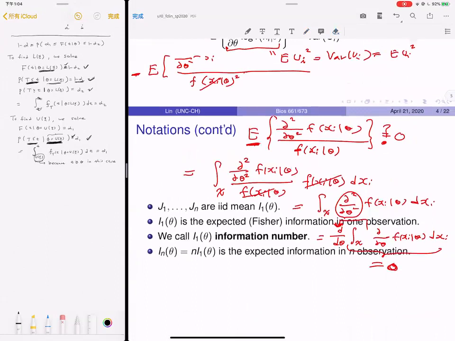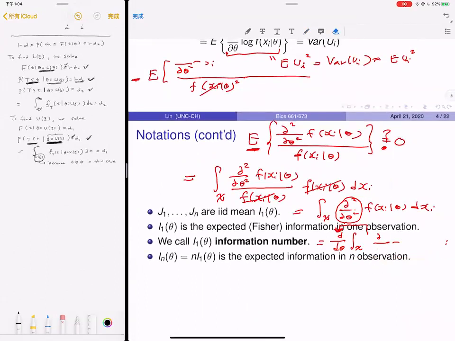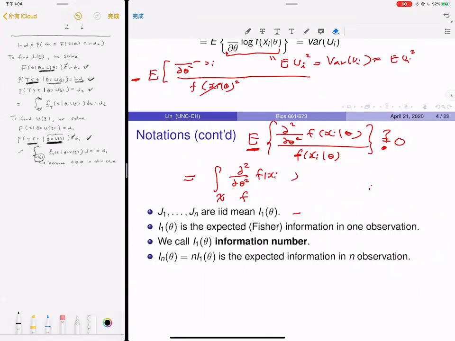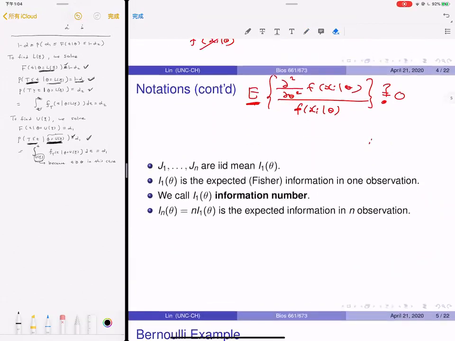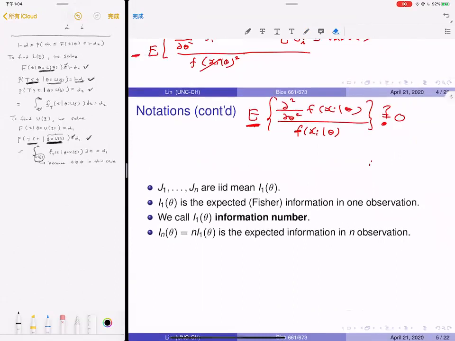The reason I wanted to have that, as you can see later on, is why do I need to know about the expected value of Ui, then the variance of Ui? Before I say so, I want to summarize the notation. So as you can see, U1 to Un are IID with mean 0 and variance I1. Again, I said the information I1 is the variance of Ui's. So it's not hard to see that they are IID with mean 0 and variance I1 theta.